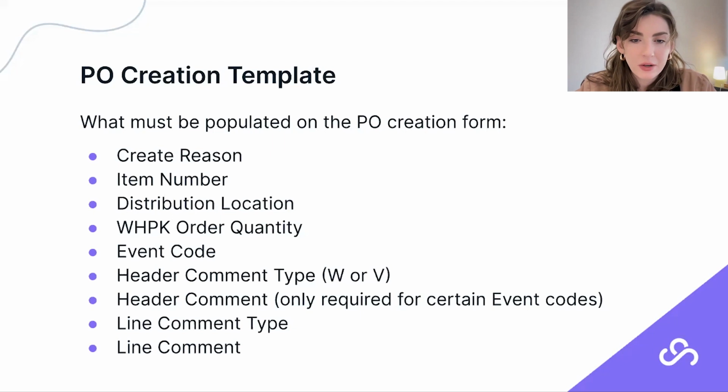And I believe the header Walmart type is Walmart versus vendor, so who's requesting it. And then line comment type or line comment. Header and line type filling that out will change on PO maintenance, but since we're doing PO creation, you'll have to fill both of those out.